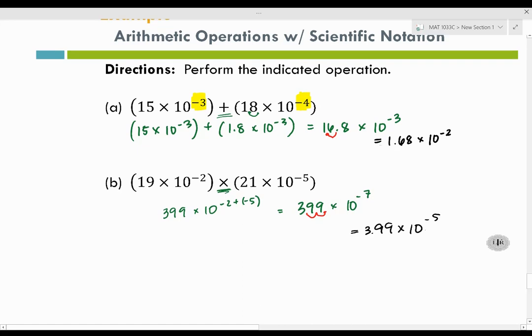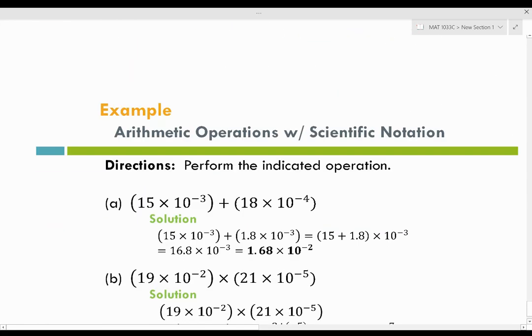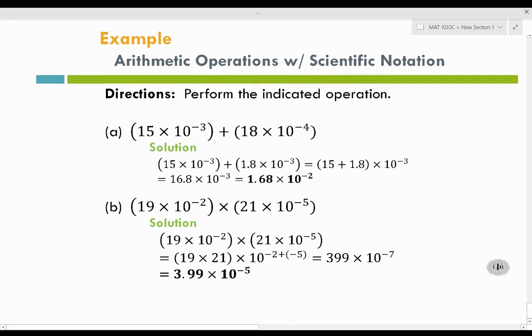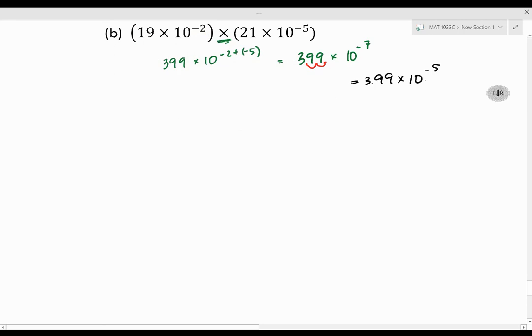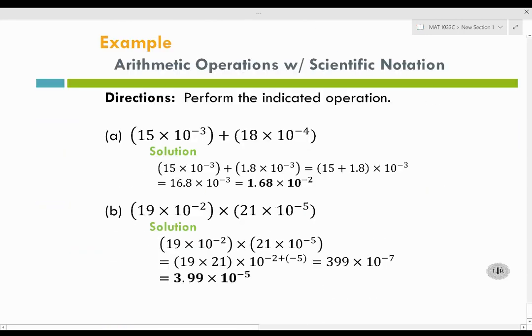Cool. All right, let's see if we're right. Let's see, 1.6 times 10 and -7. Did we get -5? We did. All right. So now you guys know how to add, subtract, multiply, and divide numbers that are in scientific notation. All right, cool.